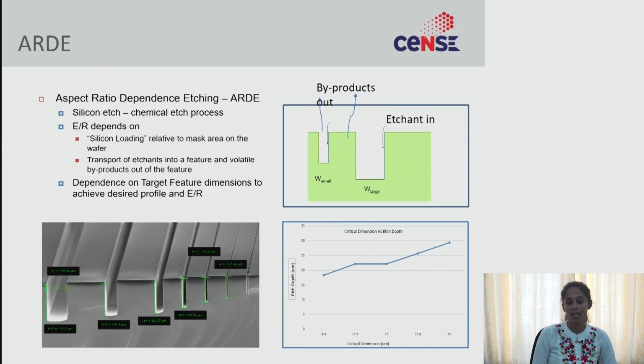That's why you will have higher etch rates at bigger features and lower etch rates at smaller features. That is called aspect ratio dependent etch. I think you can see an image where the bigger features etch more and the smaller features have a lower etch rate.